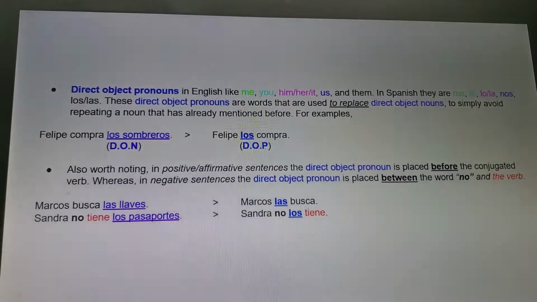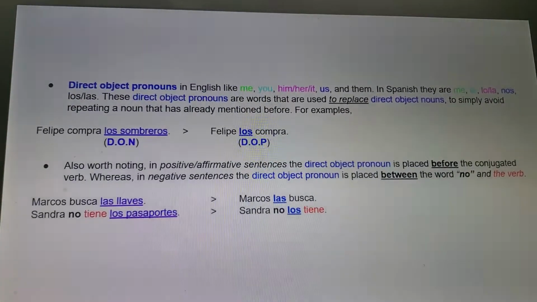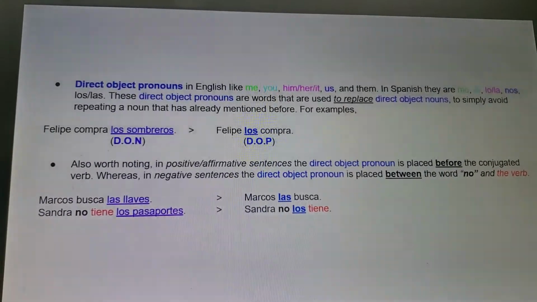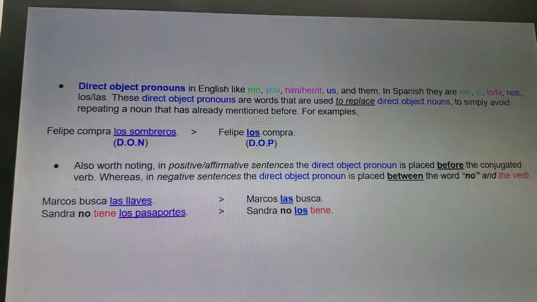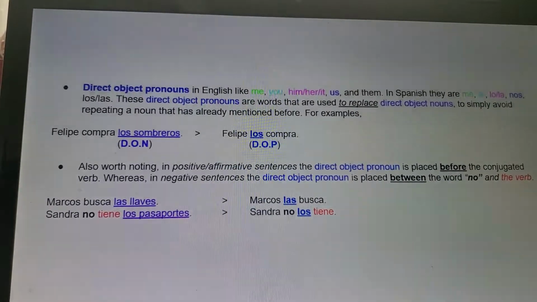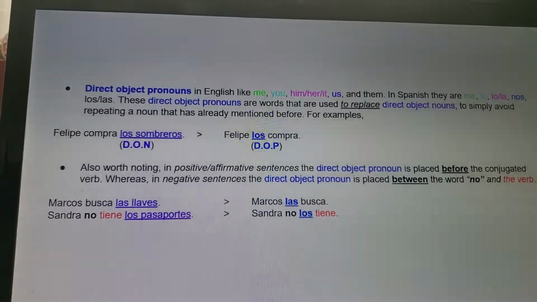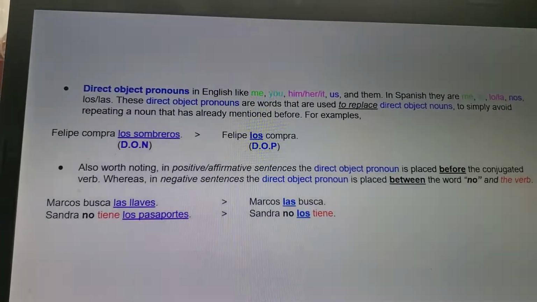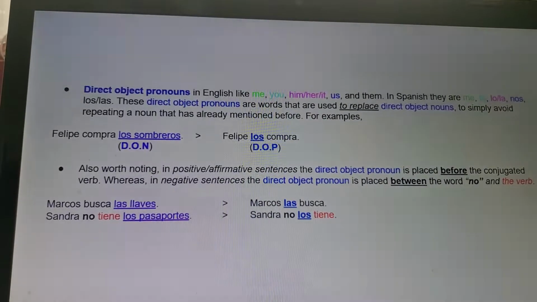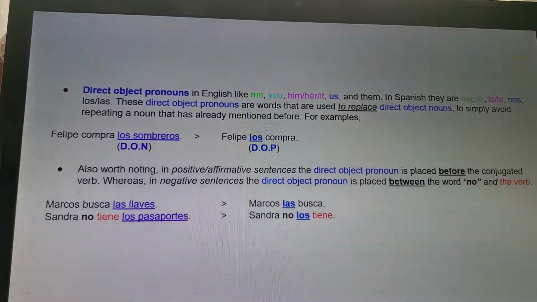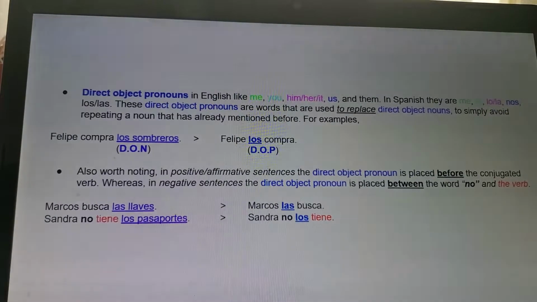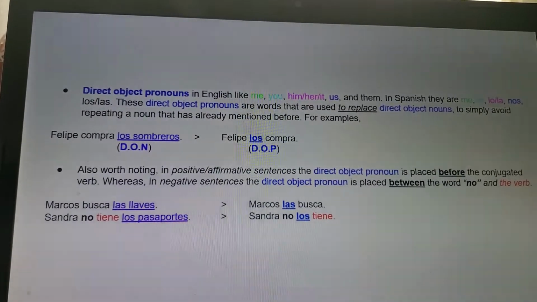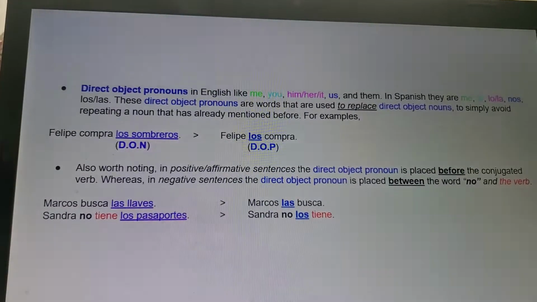If we change los pasaportes to los, the direct object pronoun, then it is Sandra no los tiene. So los takes the place of los pasaportes, and no goes before the direct object pronoun and the verb in the negative sentence.